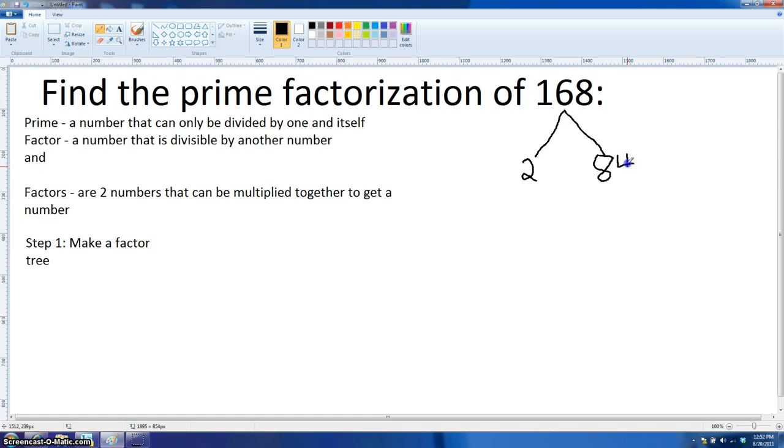Now I know that 2 can't have any more. 2 is prime, so I'm going to go ahead and circle this. And 84 is not prime, so it can have some more babies, so the tree continues to go on from here. 84 decided to have 2 babies, named 7 and 12.